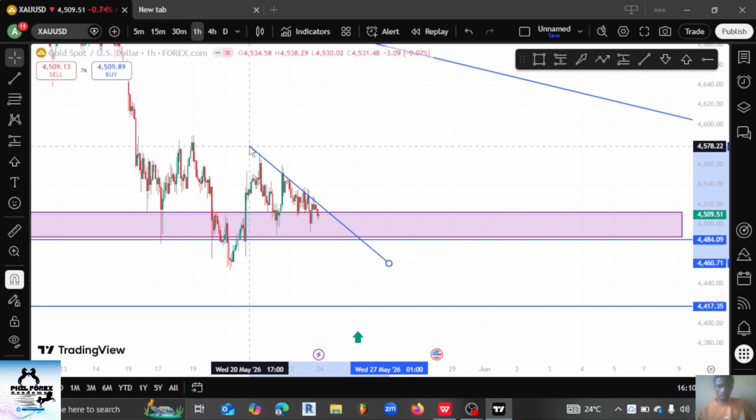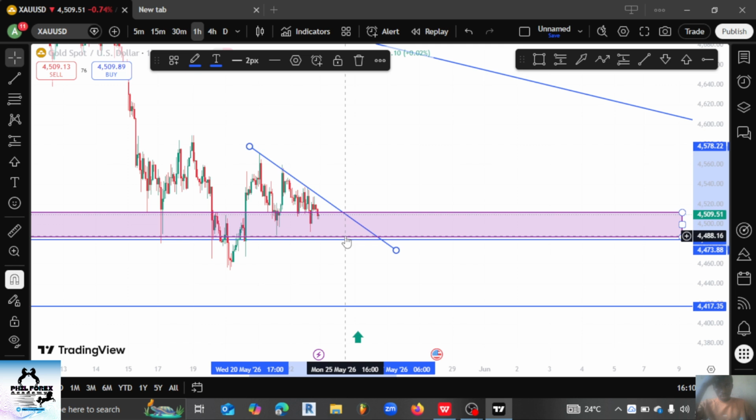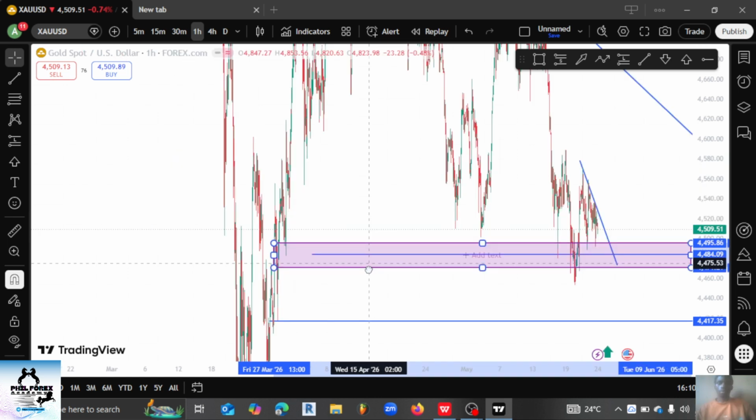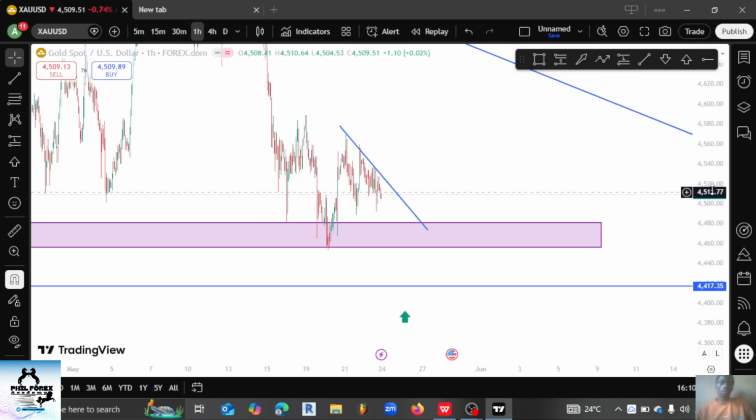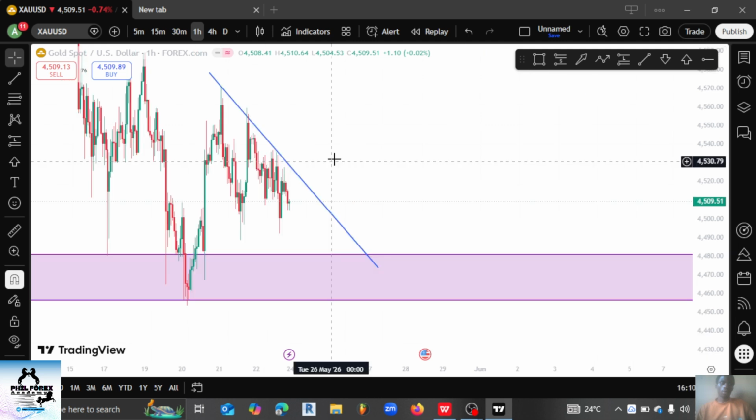Now the market is not giving us clear movement, right? Now we have to watch out for this zone. You have to watch out for this zone.